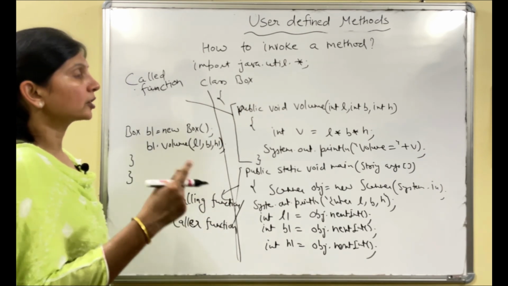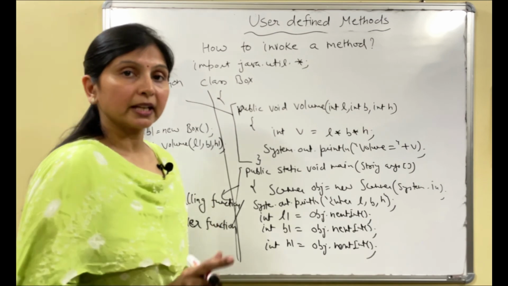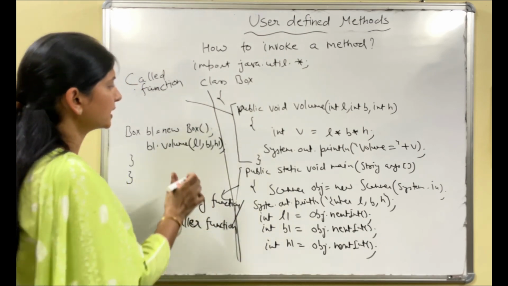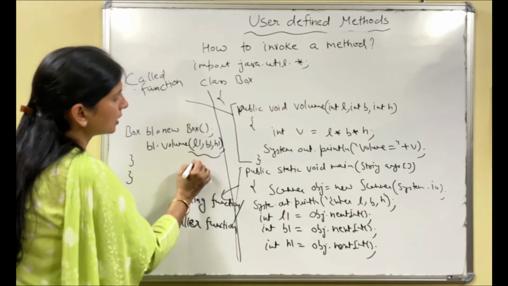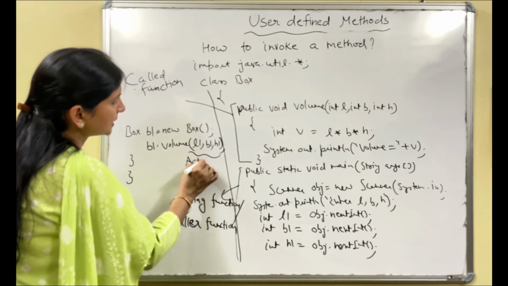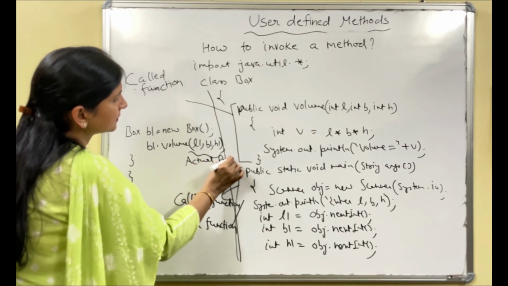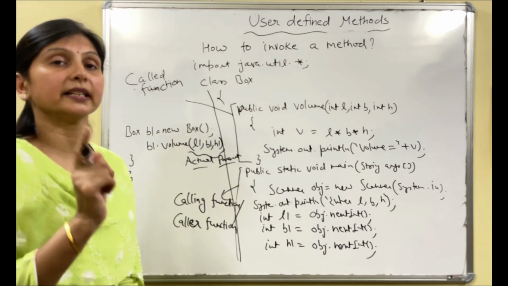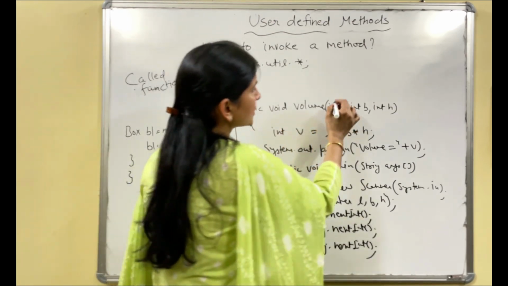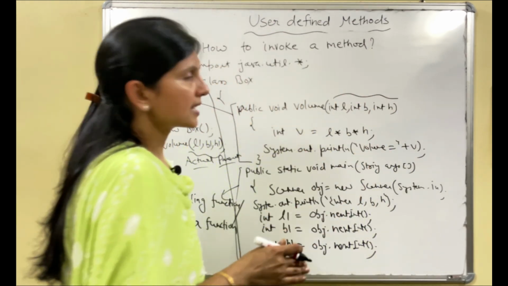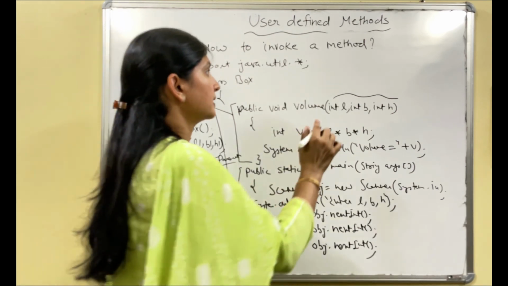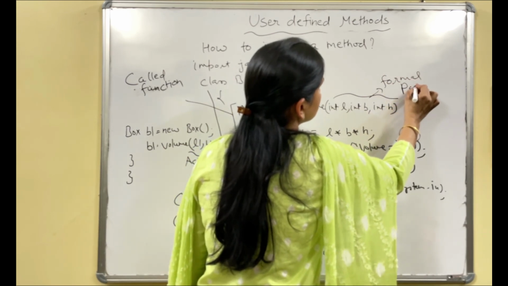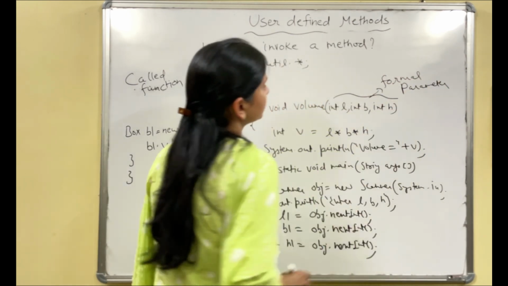Two new terms. Now the next is what are actual parameters and what are formal parameters. See, the parameters which we are passing in a function call are actual parameters. These L1, B1, H1 which we are passing in a function call are actual parameters, and the parameters passed in the called function are called formal parameters.